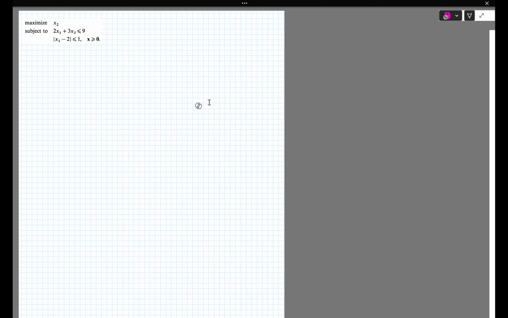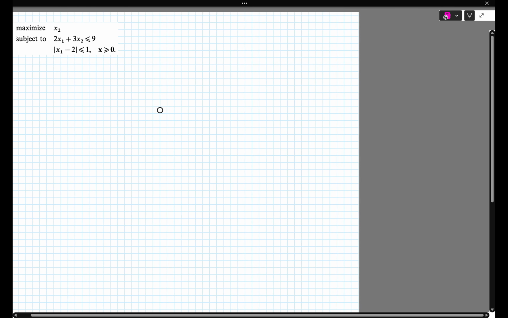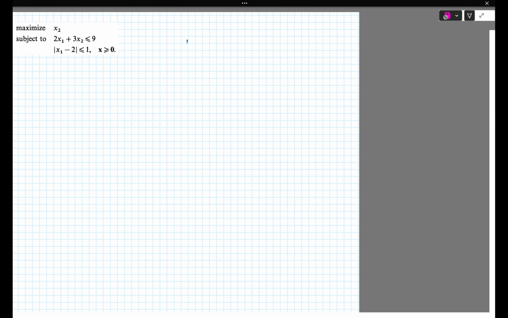Now we will do this. Mod of x1 minus 2 less than or equal to 1. These are two constraints, right?